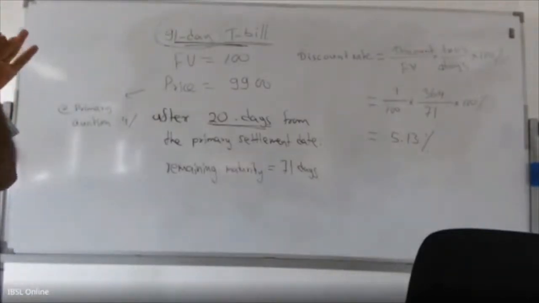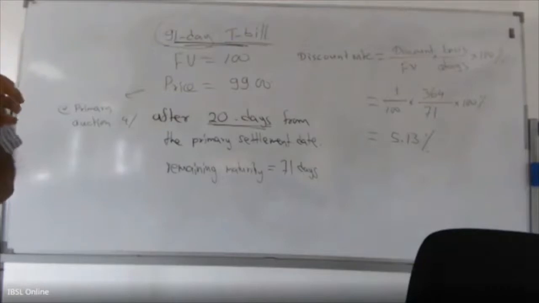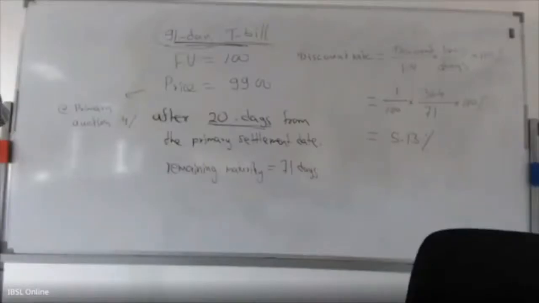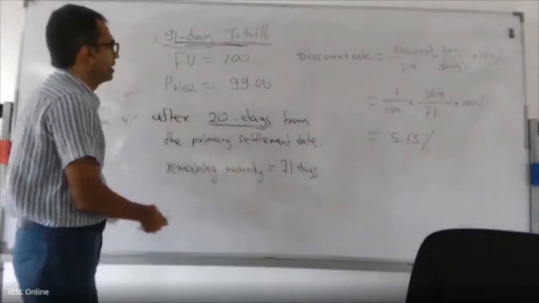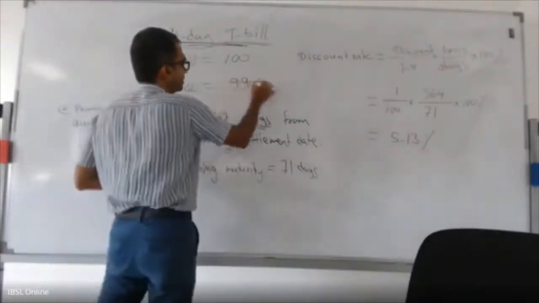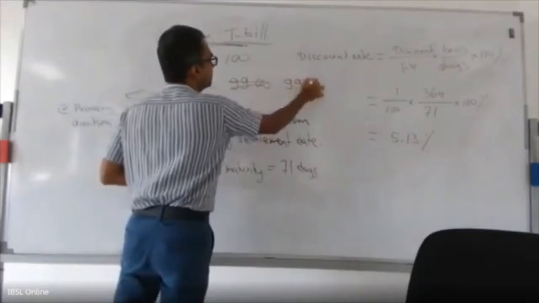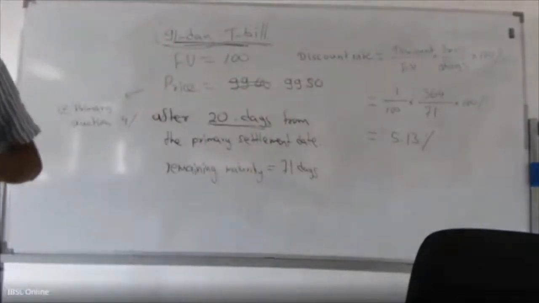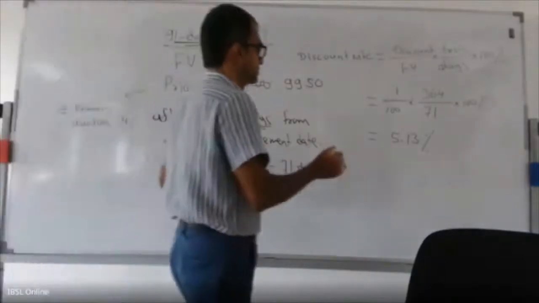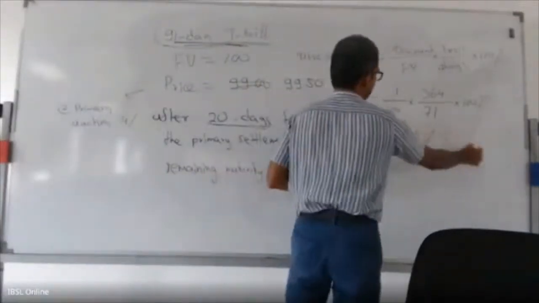You invested when the interest rate was at 4%. Subsequently, the interest rate has gone up, so you lose the opportunity to invest at a higher rate. That can happen. By this time, maybe the interest rate has gone down and instead of 99, you may have to pay 99.50. Then you will get a smaller figure than this.